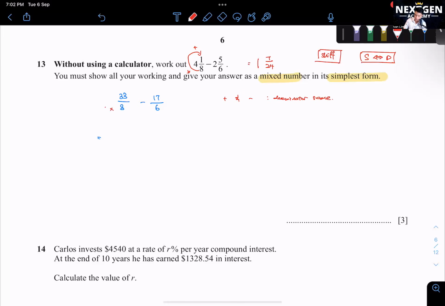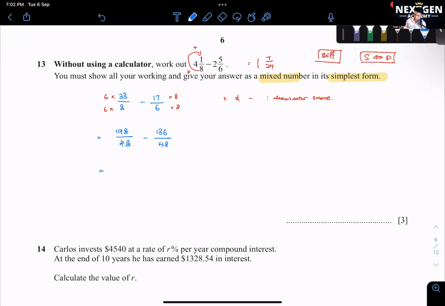That's why I multiply by 6 here, by 6 here, and by 8 and 8 here. Just type in the calculator, 33 times 6. They say don't use a calculator, but you use your calculator. That's 198, then minus 17 times 8, 136, over 48.